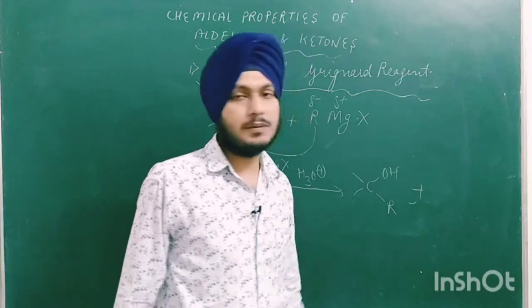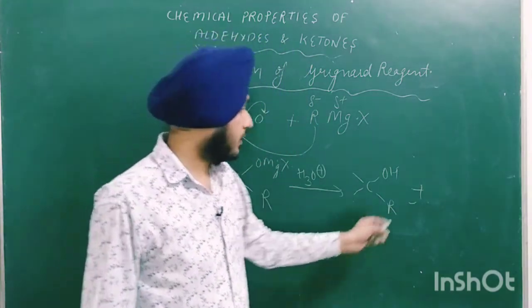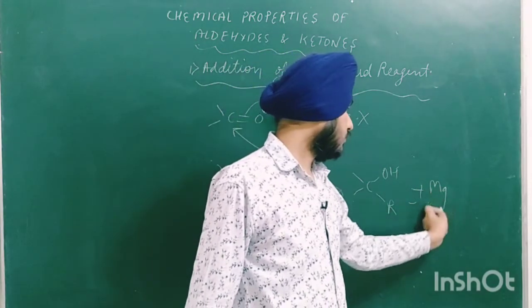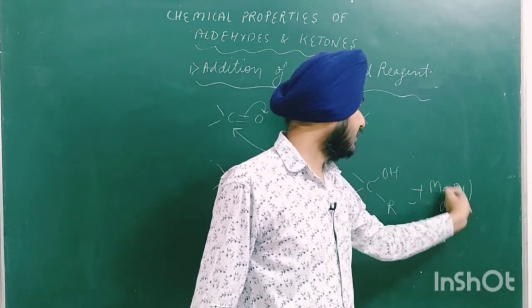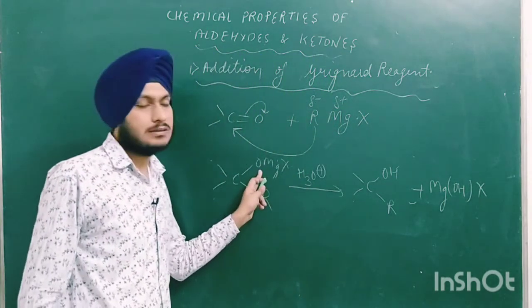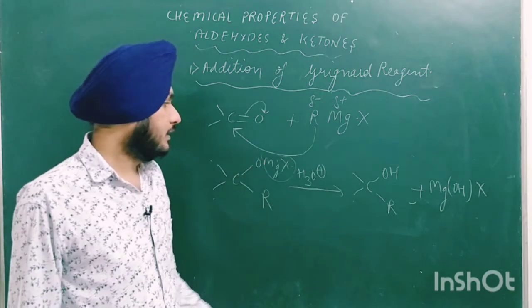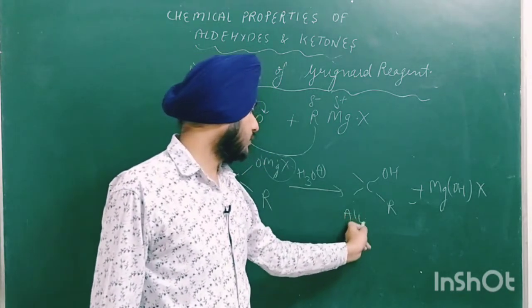So this is the method to prepare alcohol, reaction of Grignard reagent with the carbonyl carbon, MgOH and X. The hydrogen from water will attach over this oxygen and the OH group will migrate with this MgX. So this is the formation of alcohols.